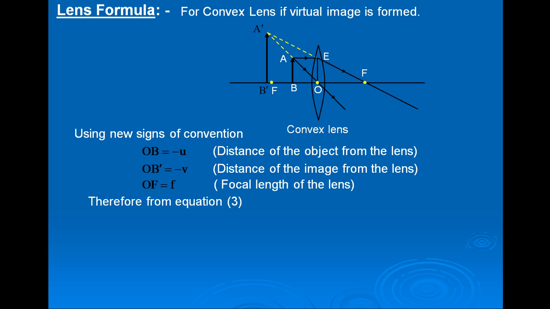Therefore, from equation 3, minus u upon minus v is equal to f upon minus v plus f. Minus minus cancel each other. So we get u upon v is equal to f upon minus v plus f.